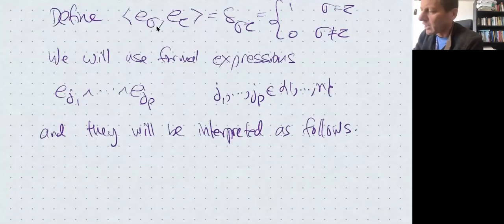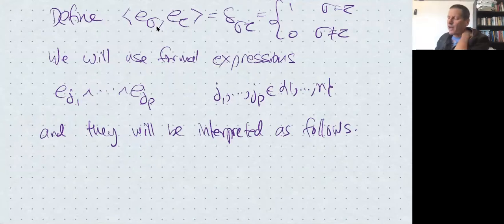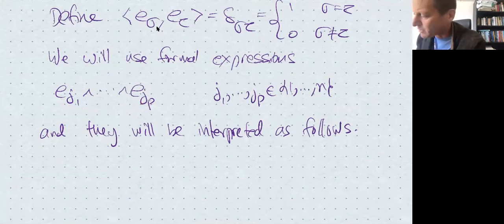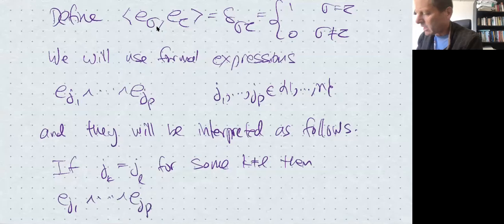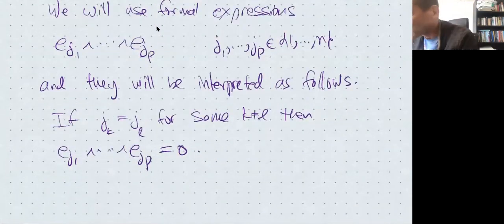If we see such a formal expression, and if one of the indices repeats itself, then we just think of this as signifying 0, the 0 element of the vector space. So if JK is equal to JL for some K not equal to L, then this expression is just another complicated way of writing 0.